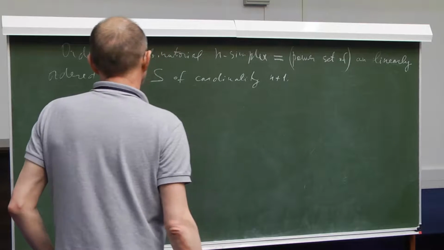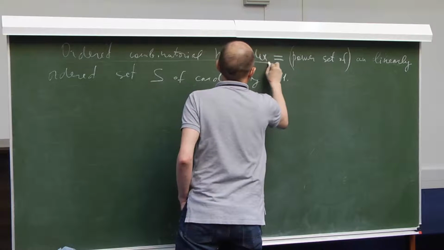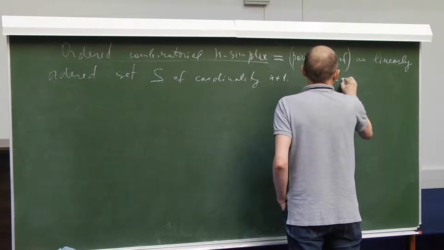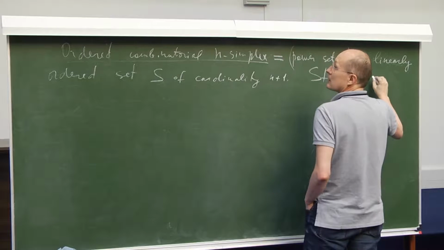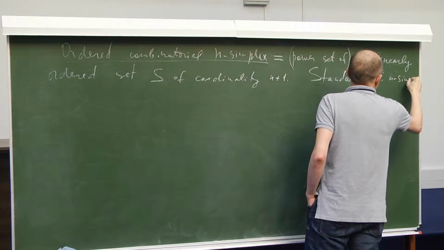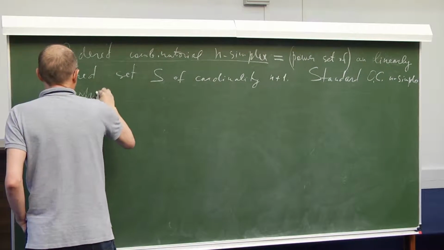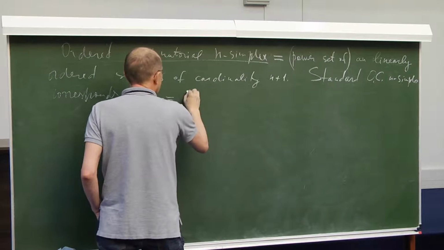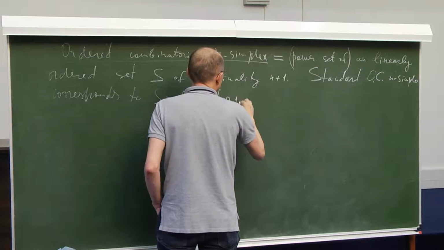And that's the notion. And the standard ordered combinatorial n-simplex corresponds to S given by [n] in square brackets, which is just the set of integers from 0, 1 up to n.